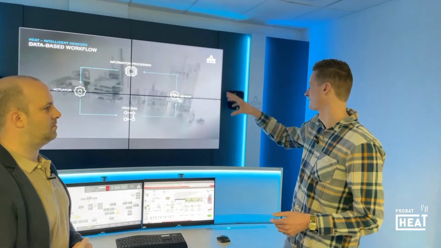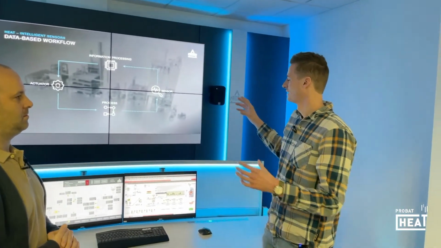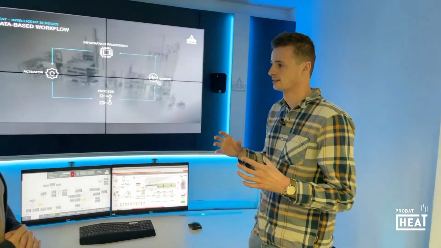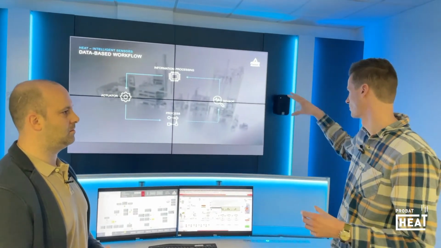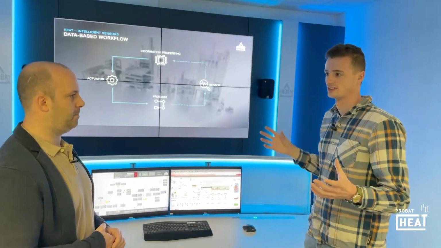This is a circle that in itself controls most of the plant, because we always have a process that needs to take place, and to control or monitor the process we go over to the sensor, then process the intelligence, feed back to an actuator, and so we keep the whole gears turning.